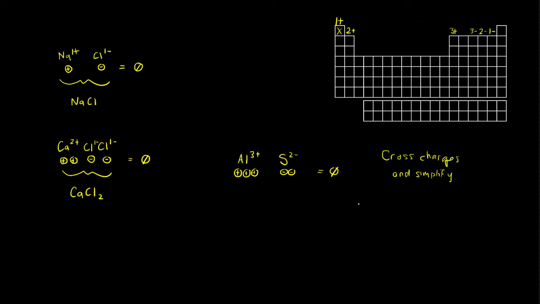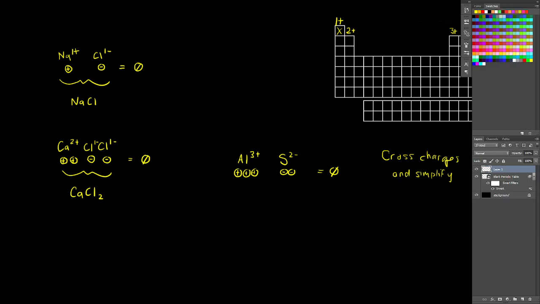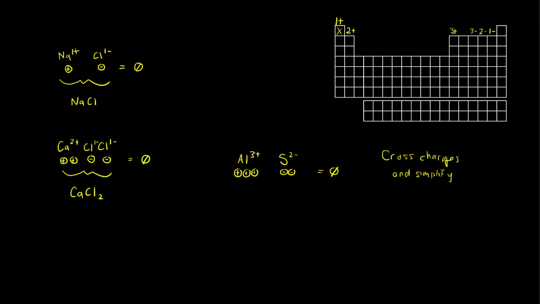Okay, so for example, we have aluminum 3 plus and sulfur 2 minus here. What we can do is take just the numbers of the charges. I'm not going to take the plus and the minus, just the numbers. And let's cross them up and make them subscripts. So we'll take the 2, we'll throw it over here. We'll take the 3, I'll put it over here.